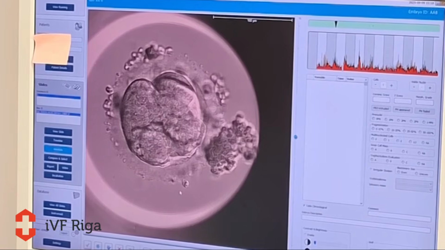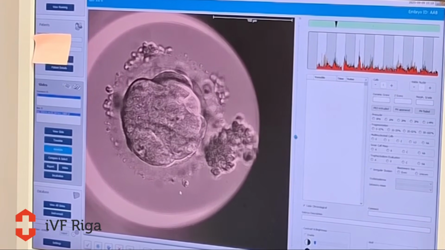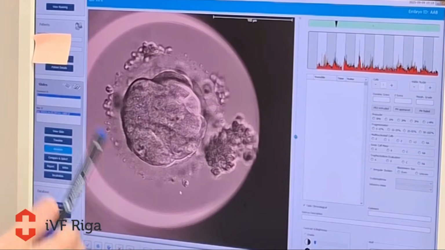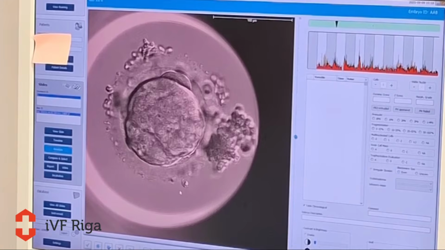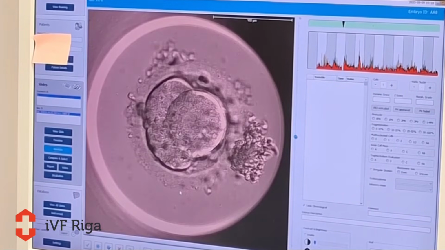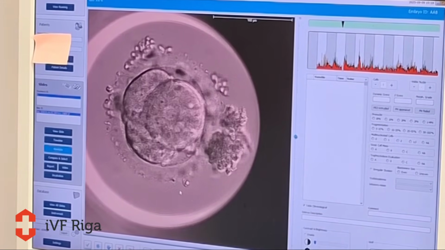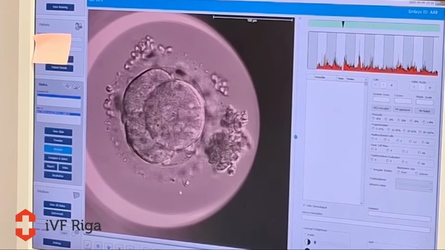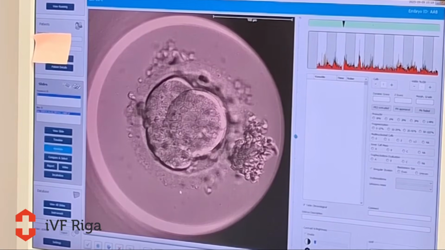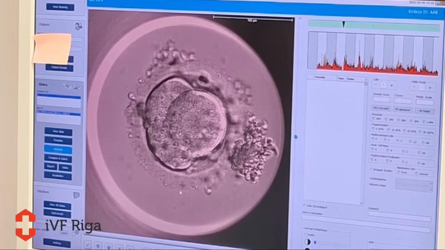The embryo continued cleavage, and on day 3, when we need to see separate blastomeres, we see some kind of mass of cells, which is also not a good sign. We see the embryo during days 4 and 5 not going through any correct stage. It continues to try to develop, but the development is abnormal.